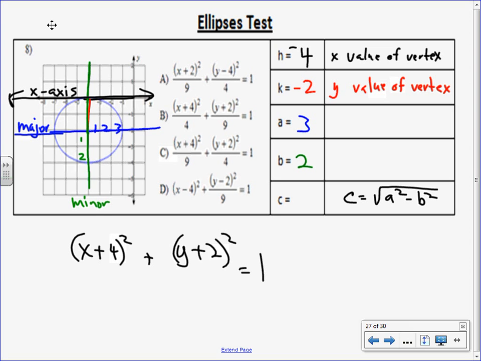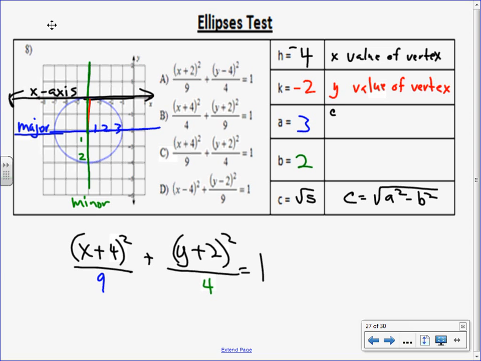That means A goes here, underneath this number. A is 3, so 3 squared is 9. B is 2, so that's 4. And then C is always the square root of 9 minus 4, which is 5.